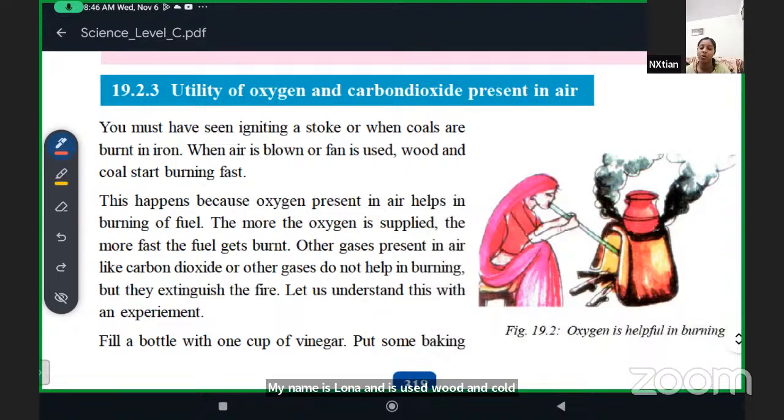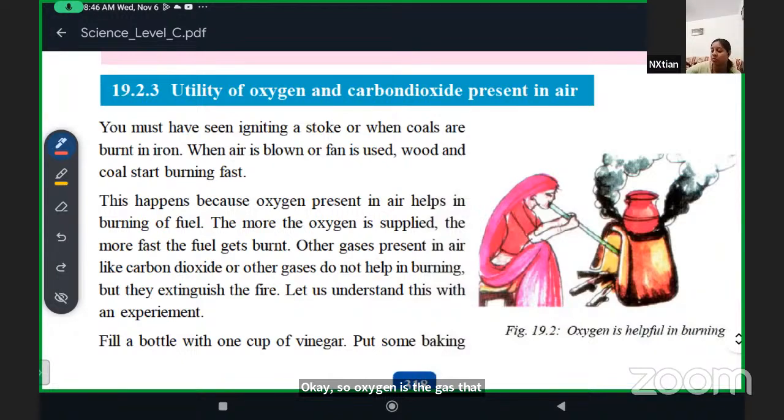This happens because oxygen present in air helps in the burning of fuel. The more the oxygen is supplied, the faster the fuel gets burned. Other gases present in the air, like CO2 or other gases, do not help in burning, but they extinguish the fire. Okay. So oxygen is the gas that helps the fire to burn.